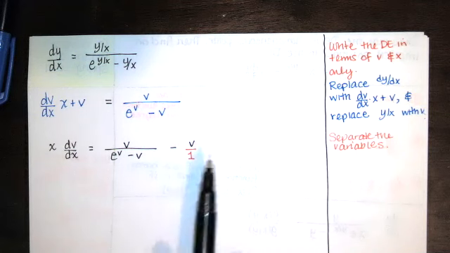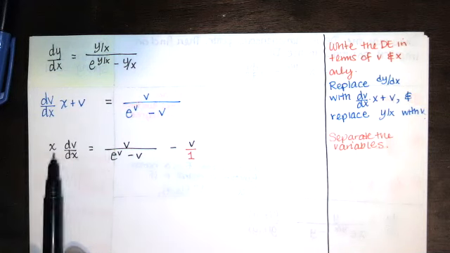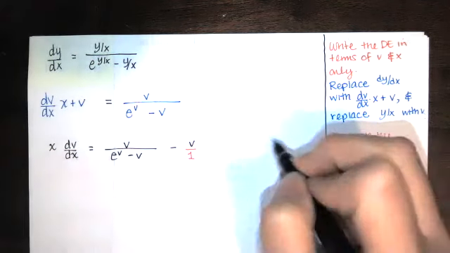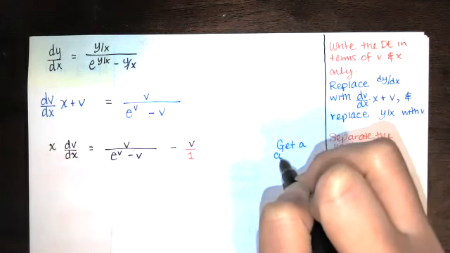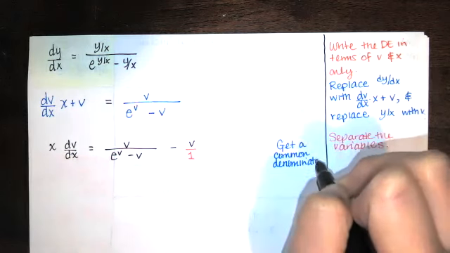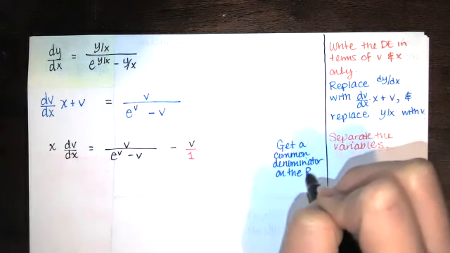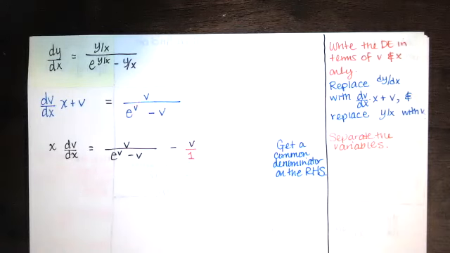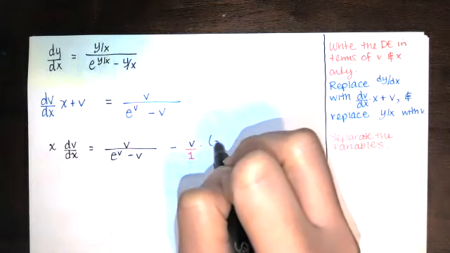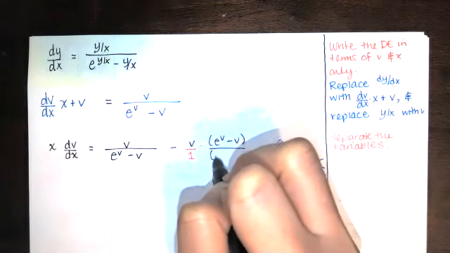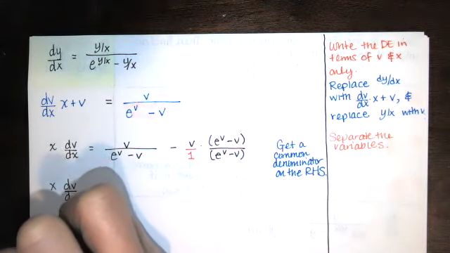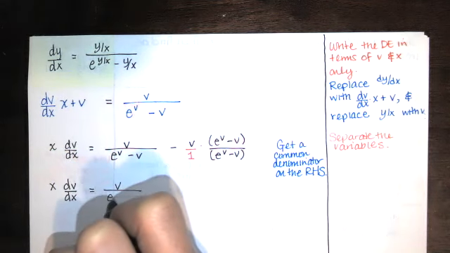And that's easiest if we get a common denominator first. So we've subtracted this from both sides. Now we get a common denominator. And I'll use RHS for right-hand side. And the common denominator of 1 and this is just this expression here. So we have x times dv/dx equals v over this expression.